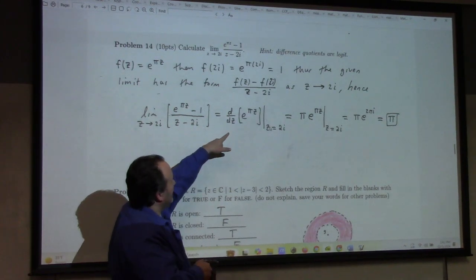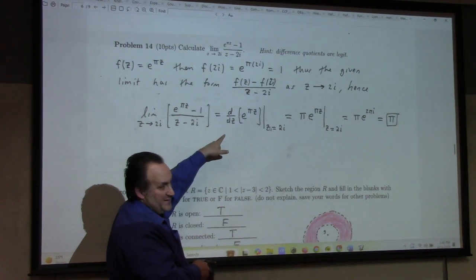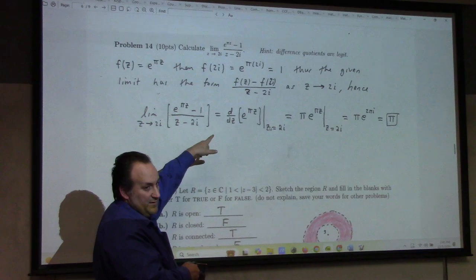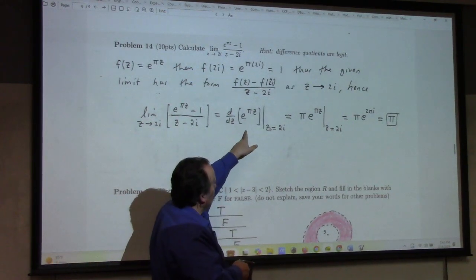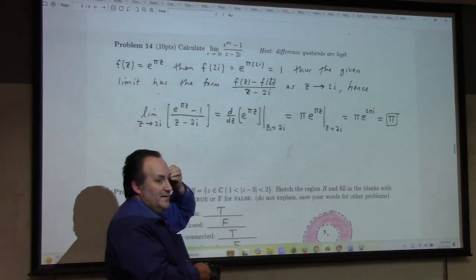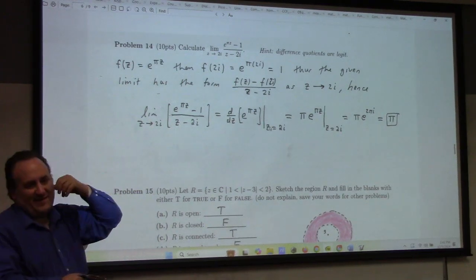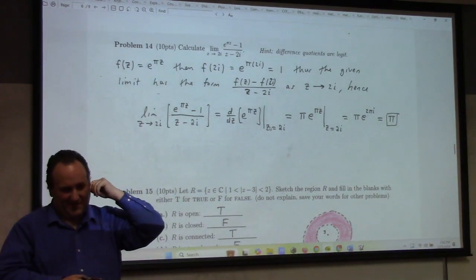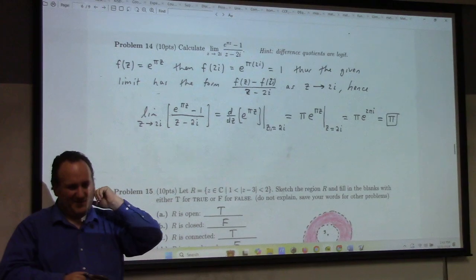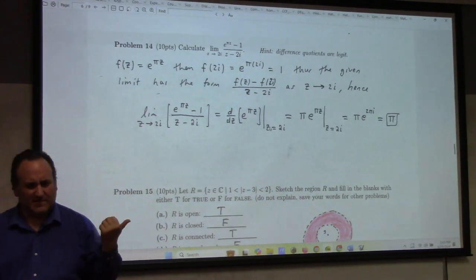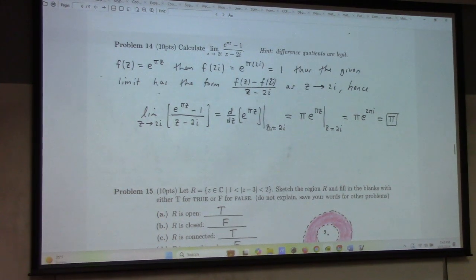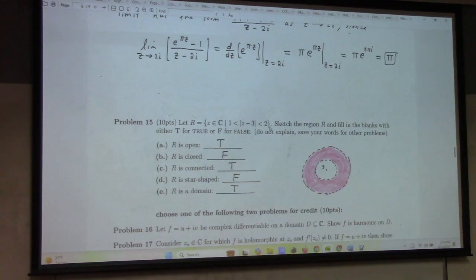And then we know how to differentiate that because we've worked out the calculus of the exponential, and as such, we get pi. So if you see a limit of a quotient and it's like, I don't know how to do this, odds are it's this trick. I don't know if I have really any other tricks like that in this class. I don't know. That's kind of the main one.